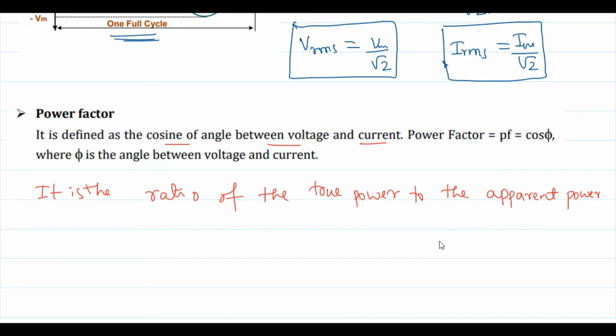And it is equal to the cosine of the phase difference between AC voltage and AC current in that particular circuit as we have defined above.